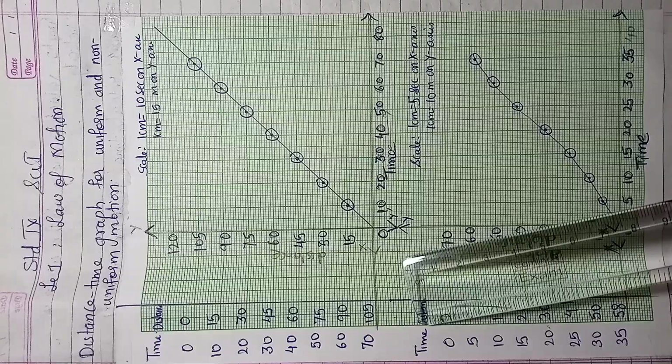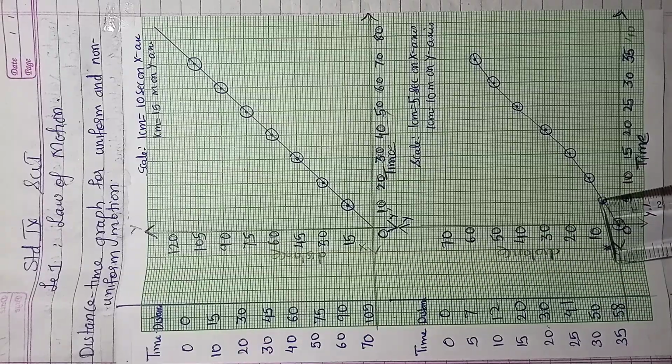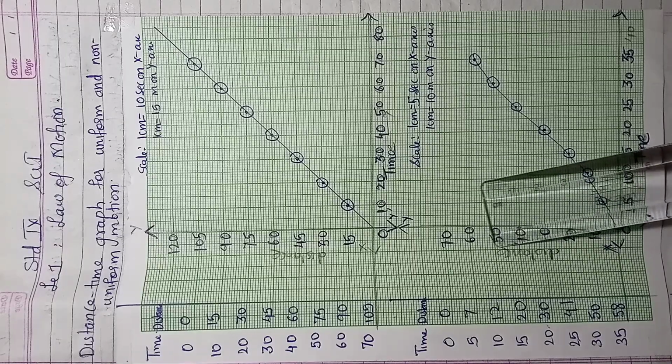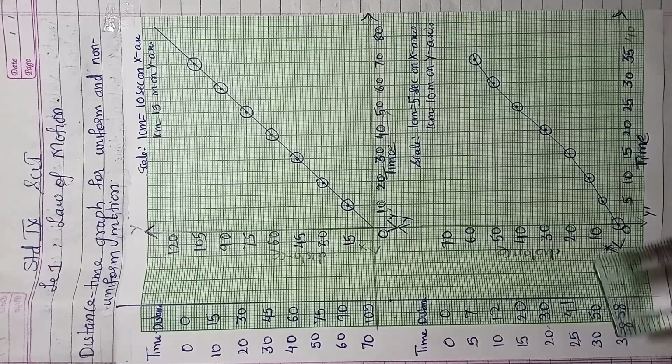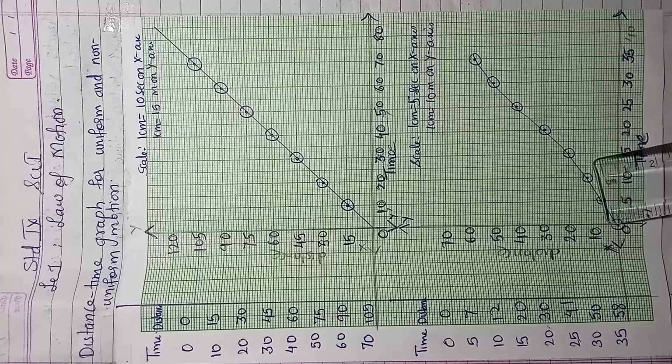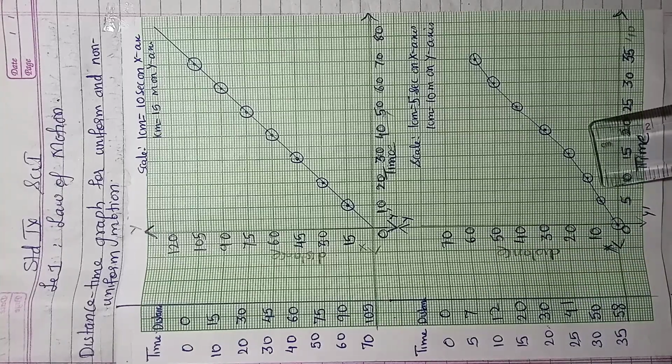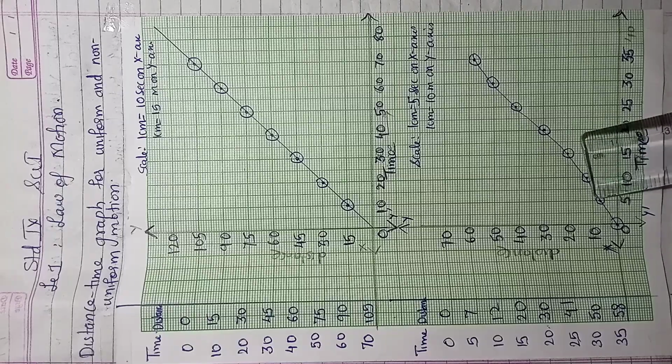Time is plotted on the x-axis, distance is plotted on the y-axis. Now 0, 0, that is the origin. 5 seconds, 7 meter, you can see plotted here.